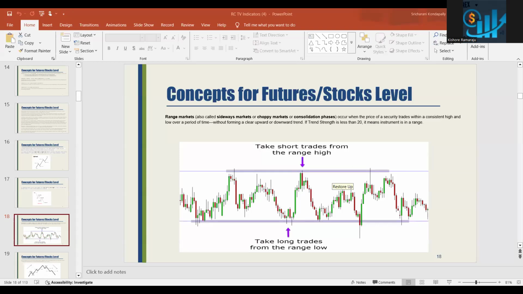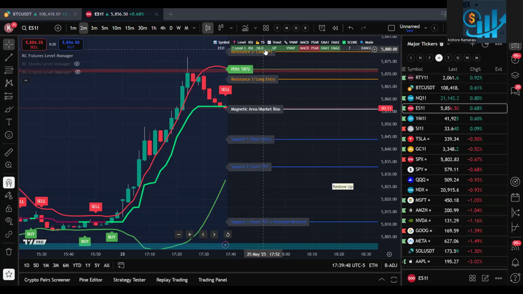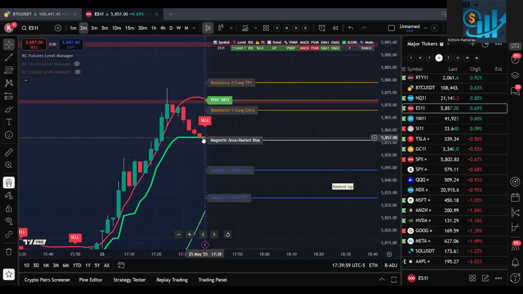If you have your trend strength, your VWAP, your EMAs, based on everything, the score will be calculated and counted. So now we got a sell, but it can be short term.